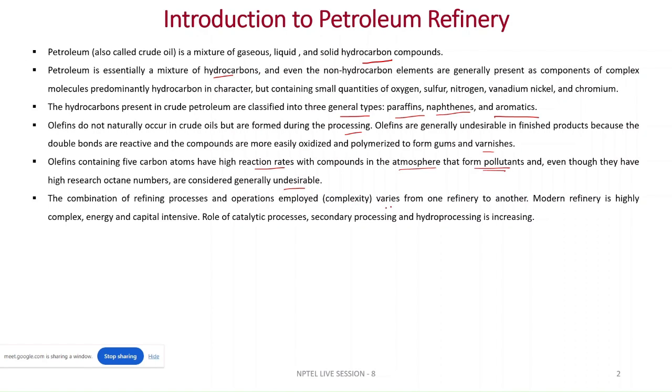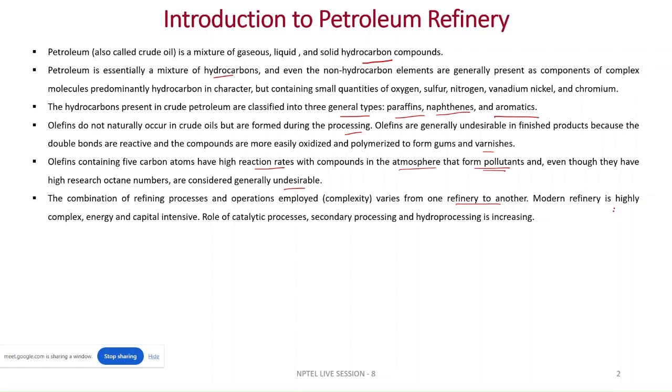Okay. Now all the refinery processes vary from one refinery to another refinery, and it also depends on the characteristics of the crude oil imported or crude oil being fed to the process equipment of the refinery. So based on that, the refinery operations vary.